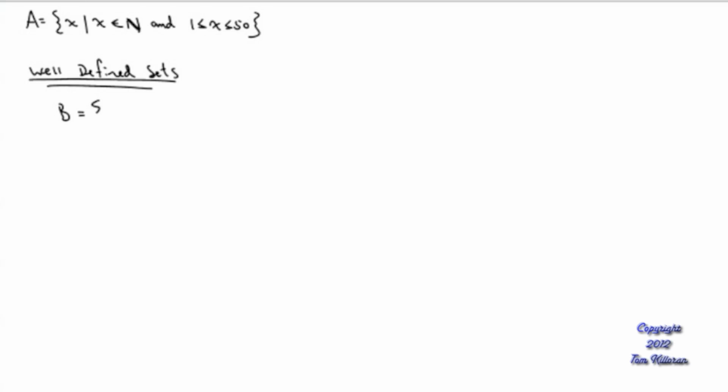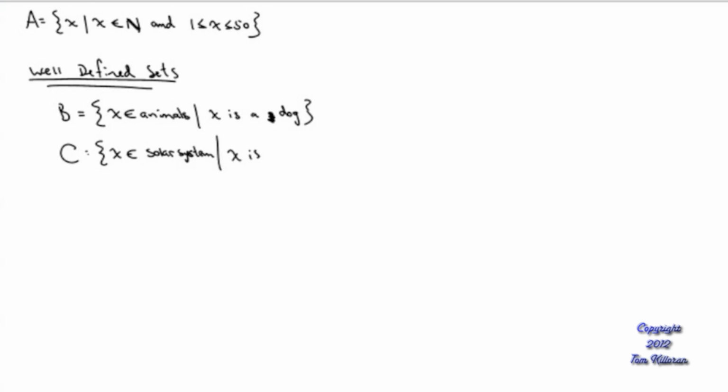B is equal to the set of X's that are animals, such that X is a dog. Dyslexia getting to me again. Okay. And then set C is the set of X is an element of the solar system such that X is a planet.